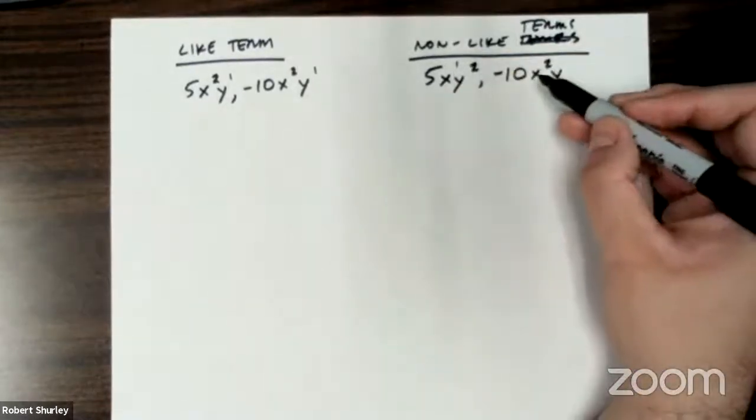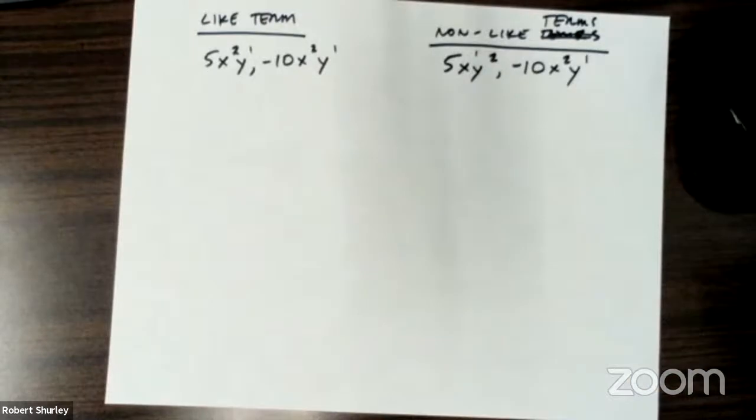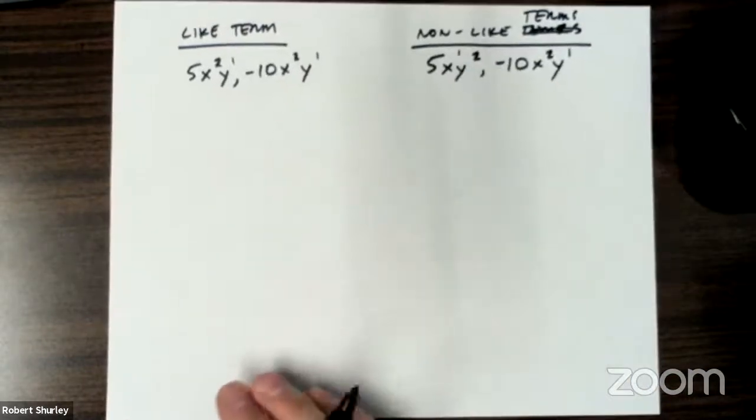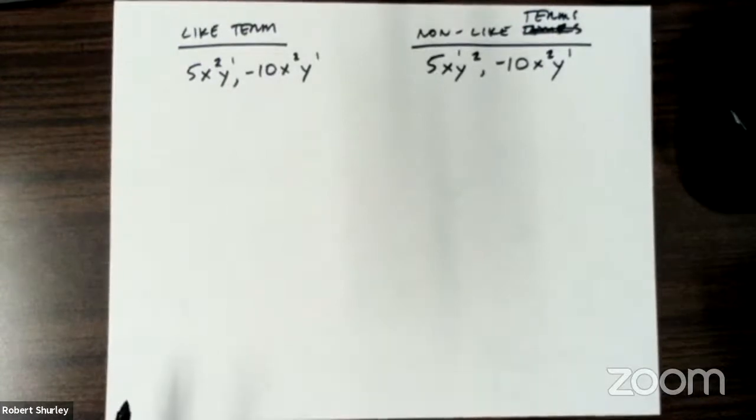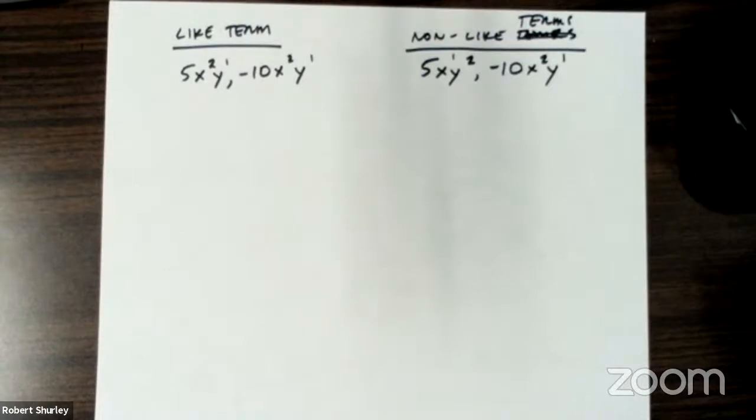This x is raised to the first power, this x is raised to the second power, this y is raised to the second power, this y is raised to the first power. So they're not considered like terms. Okay, remember, it's really got to have the same base and the same exponent for each term.